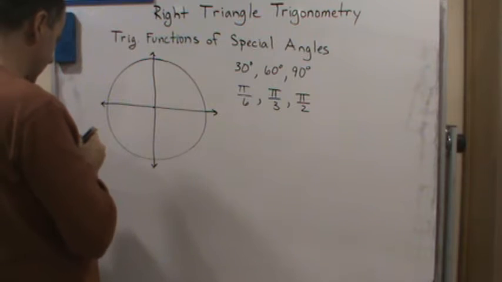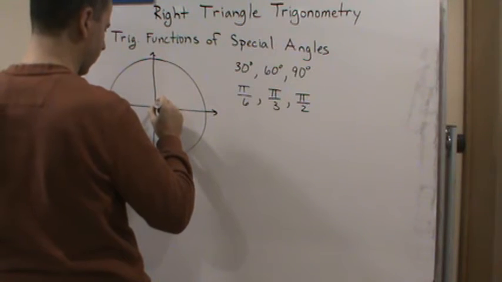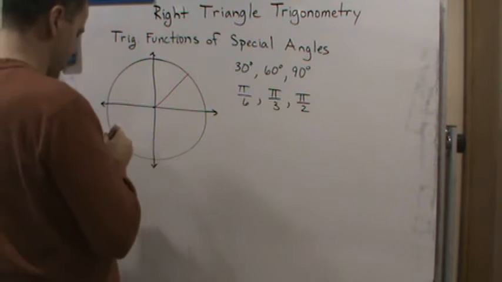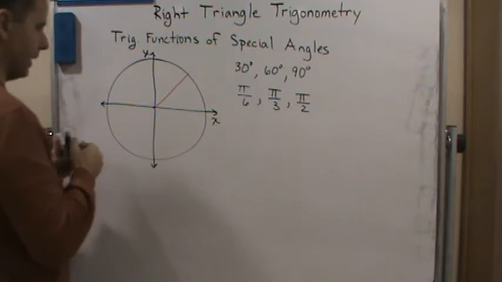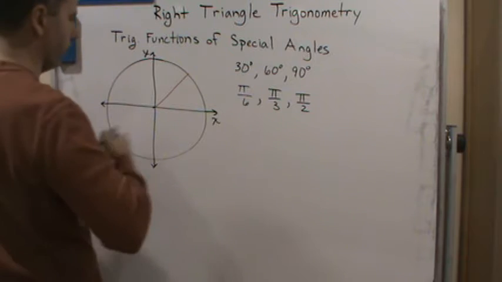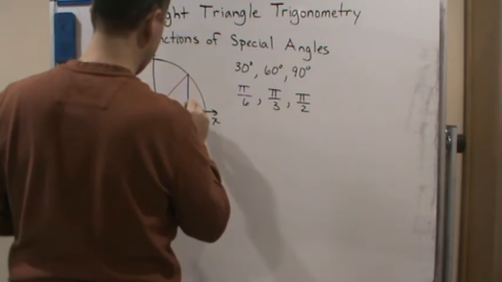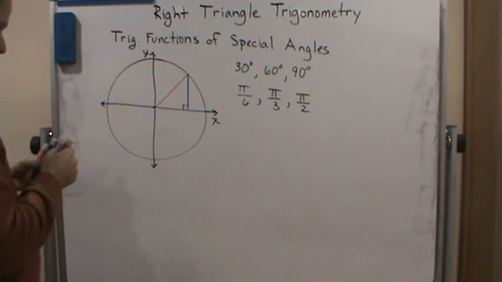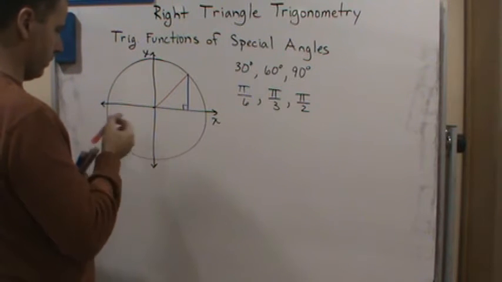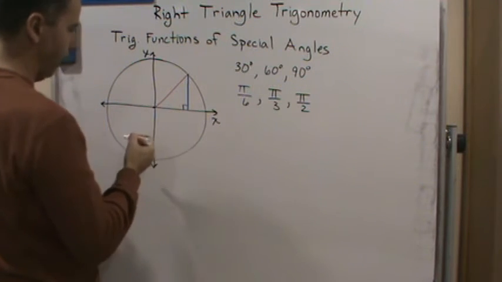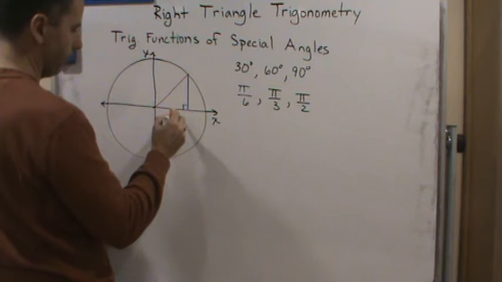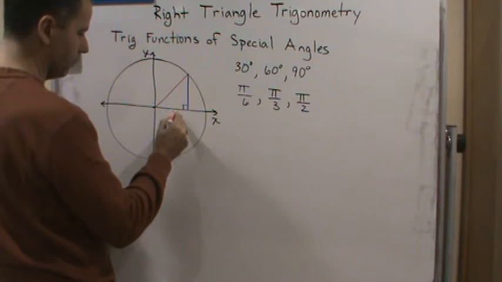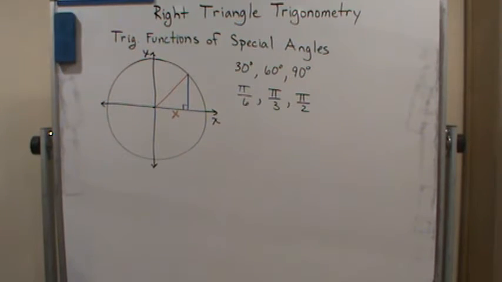So if I create an angle here, with coordinates X, Y, and let's say I've created this triangle, this length here we'll call X. And let's say this is a 30-degree angle.